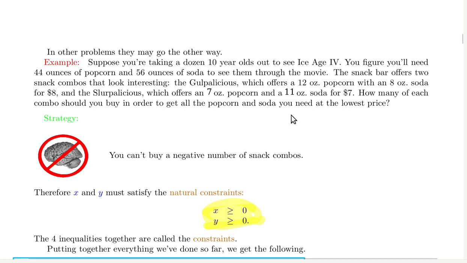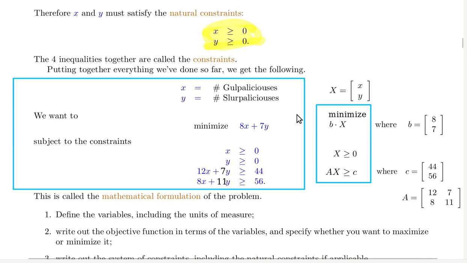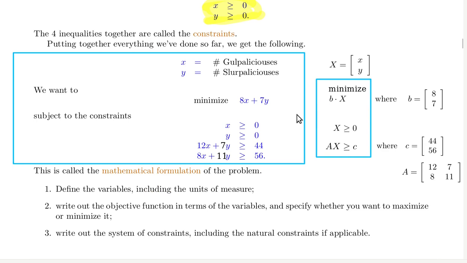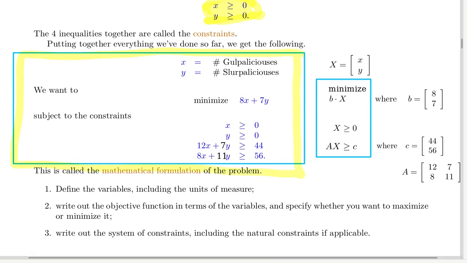Okay, so together we've got 4 inequalities that make up the constraints, and then of course we have the variables and the objective function, right? So this, in the first blue box here, is the formulation of the linear programming problem.